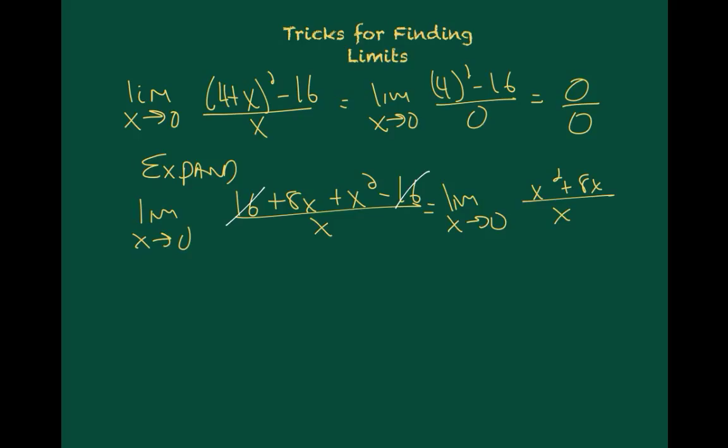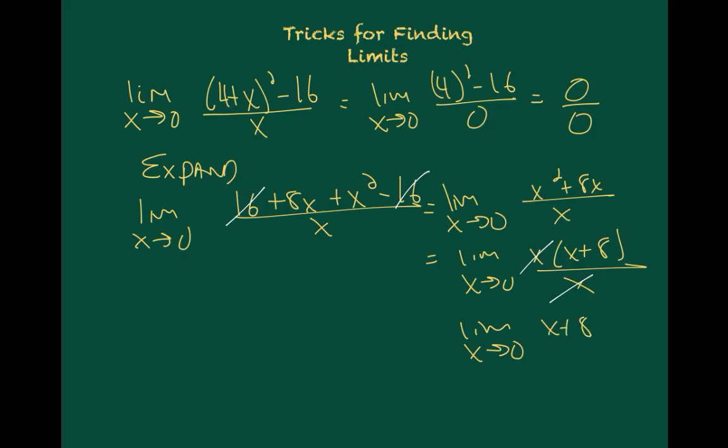Now in the numerator, I can factor out that x, and so I have x times (x plus 8) over x. Those two x's will cancel, and now I'm left with the limit as x approaches 0 of x plus 8, which when I try substitution now, I get 8.